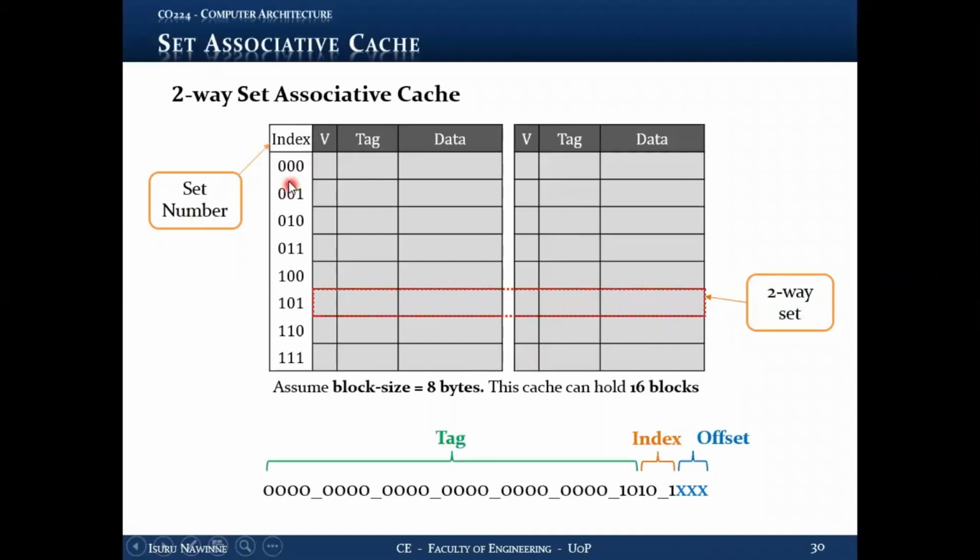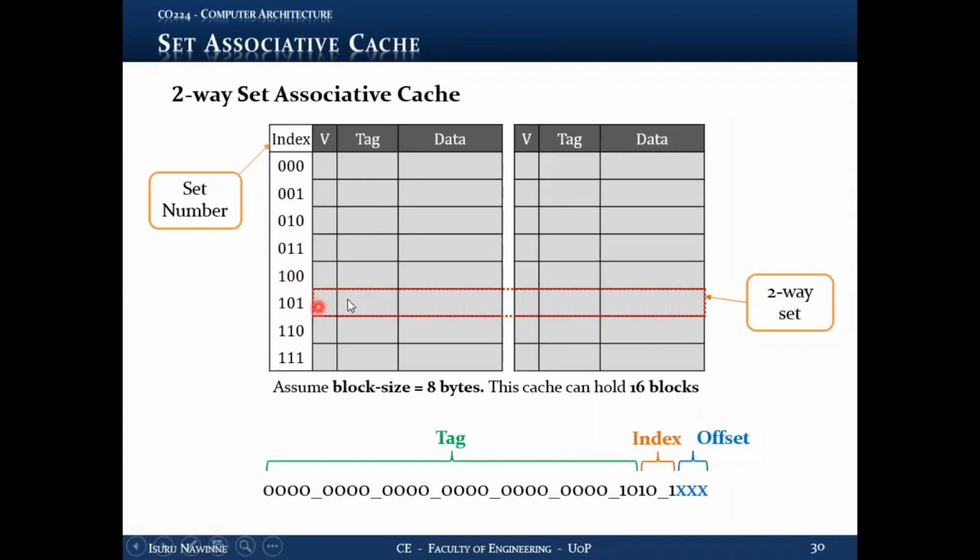The index in this case is the set number rather than the block number, and your incoming address is looked at very similarly to direct mapped caches, right? You have the tag, you have the index, and you have the offset. Offset refers to a particular word or byte inside the block, and the index refers to this set.